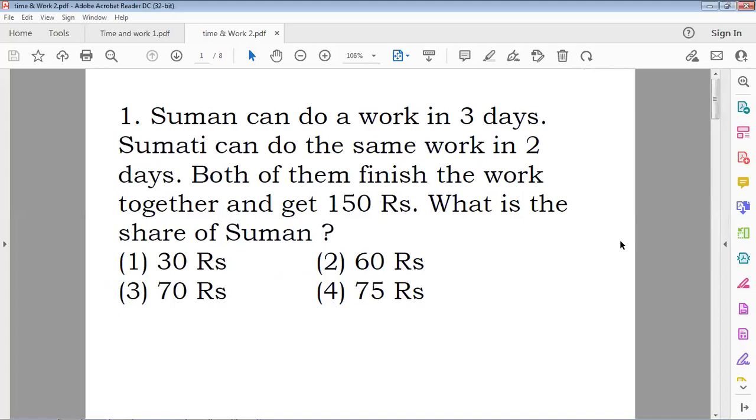Sumati can do the same work in 2 days. Both of them finish the work together and get 150 rupees. What is the share of Suman? We will divide the money in their unit works, whatever unit work you get, work per day, within a day. We will divide the money in that ratio.